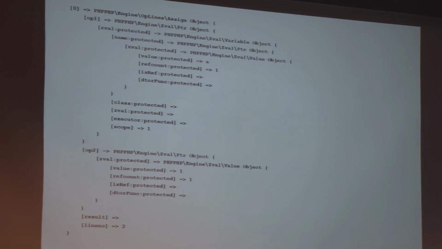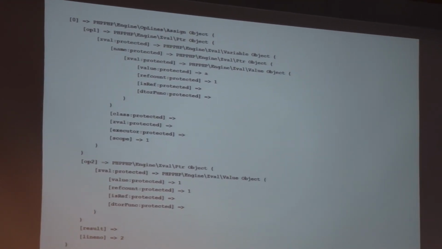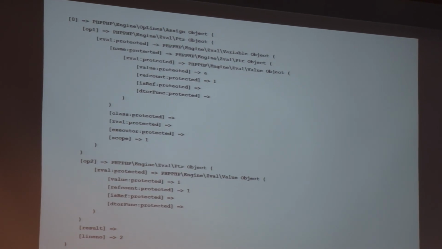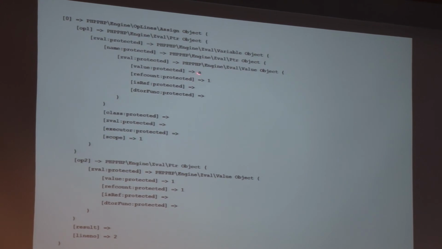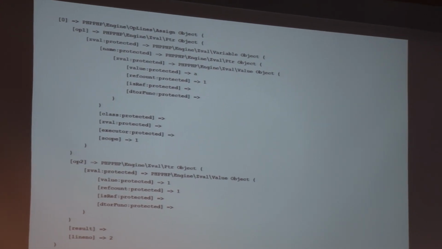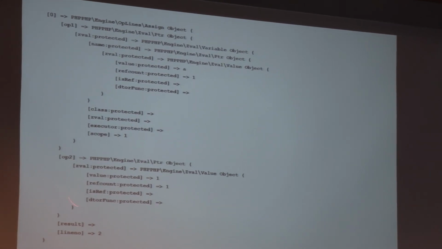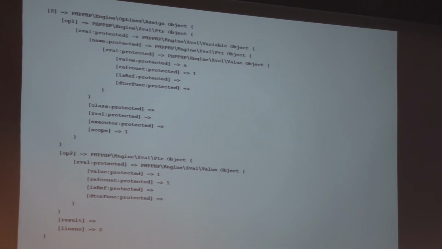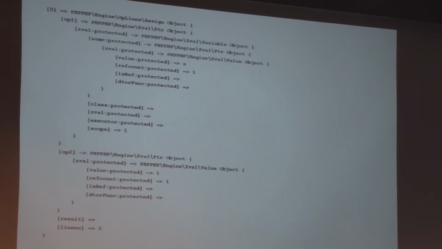This entire thing is the var dump of the first object, and I only put this up here because I really want to convey how much these opcodes are tied to the code itself. We have a variable up here that points to the variable named A that it has to look up at runtime. The compiler can't make that determination. And then the other side, op2, which is the value to set it to, is determined at compile time.